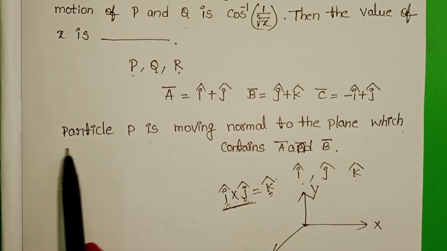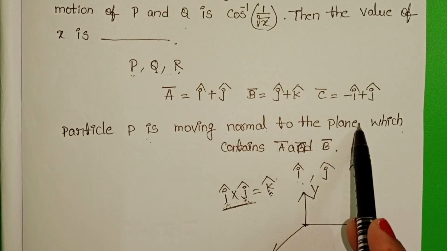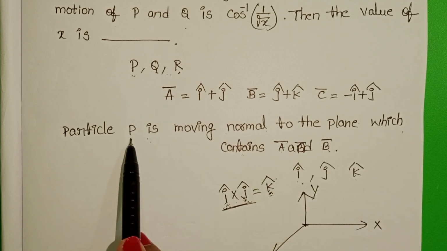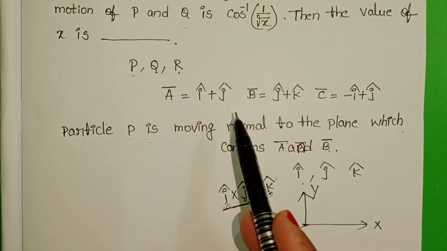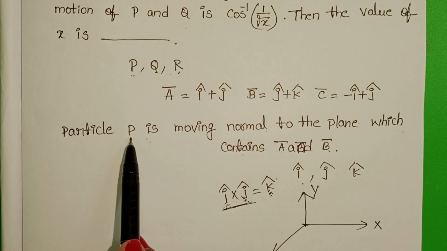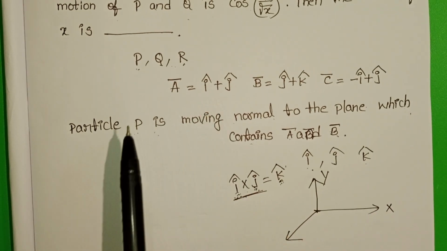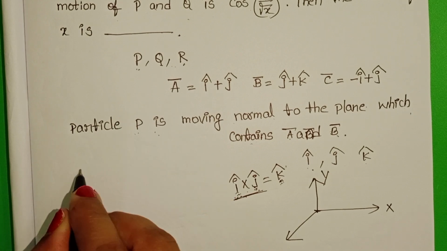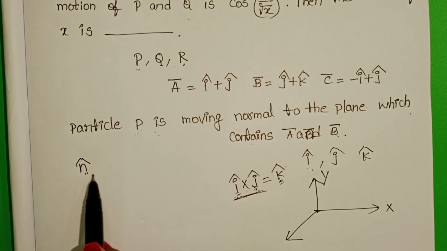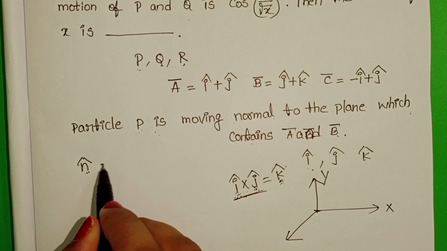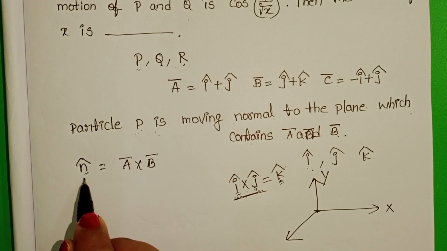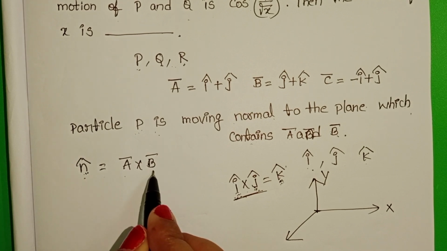Similarly here, given particle P is normal to the plane which contains A bar and B bar. So P is perpendicular to the plane containing A bar and B bar. Here P is just a particle. Let us take a unit vector n cap; P is in the direction of this unit vector. So here n cap is equal to A bar cross B bar. Why have we taken n cap equal to A bar cross B bar?